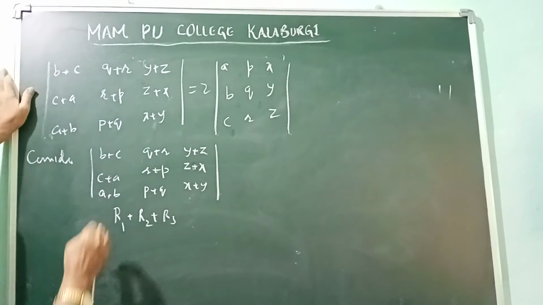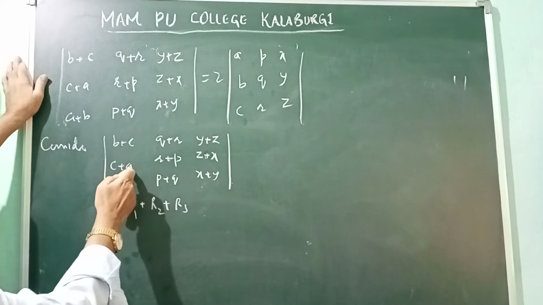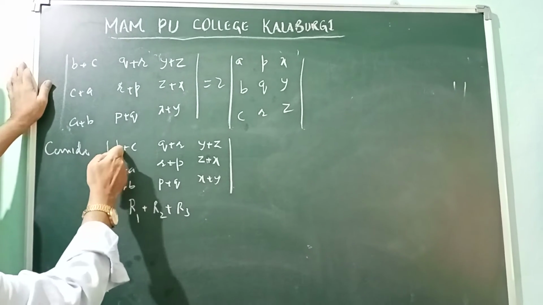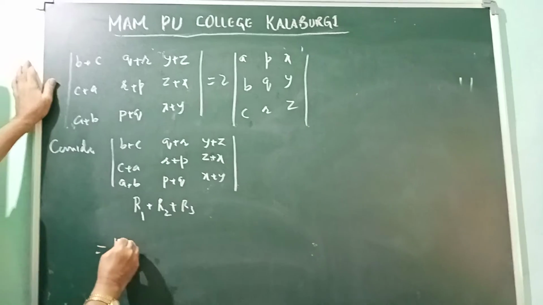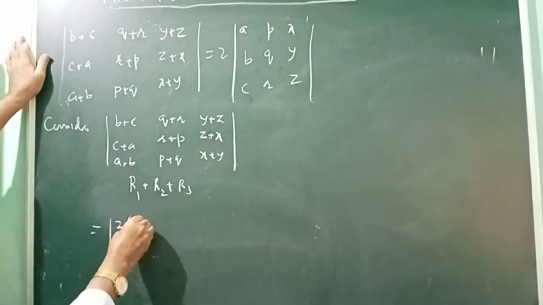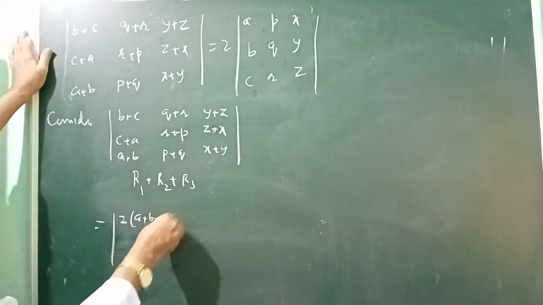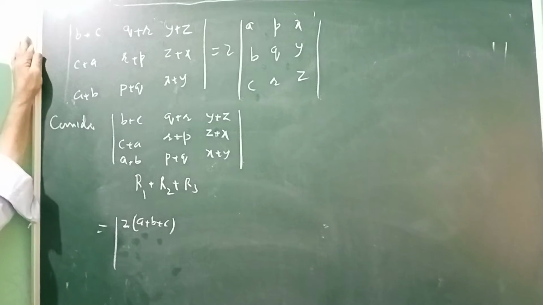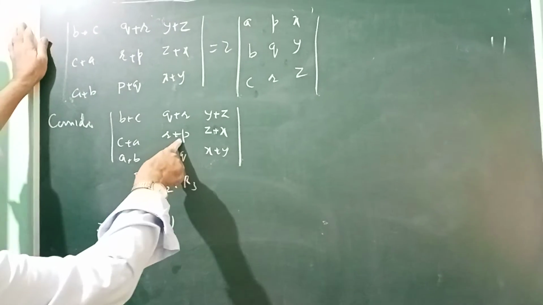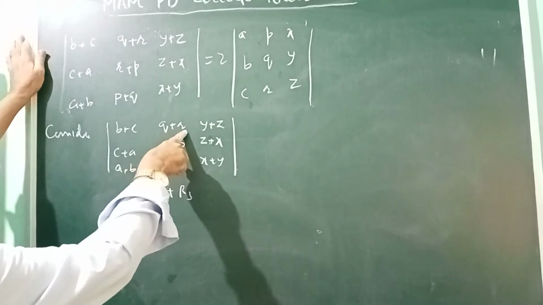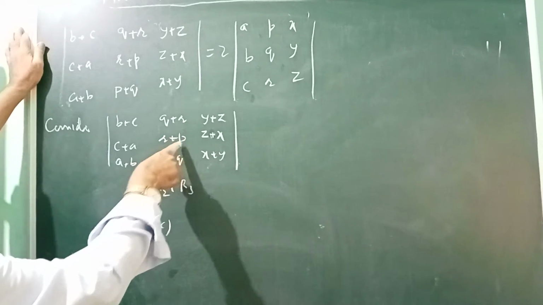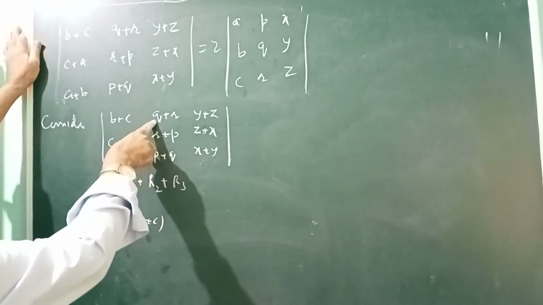You can see here A plus A is 2A, B plus B is 2B, C plus C is 2C. We take 2 common and we can write A plus B plus C here. Again, these two should be added here: R plus R is 2R, P plus P is 2P, and Q plus Q is 2Q.